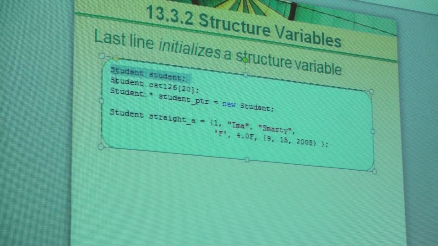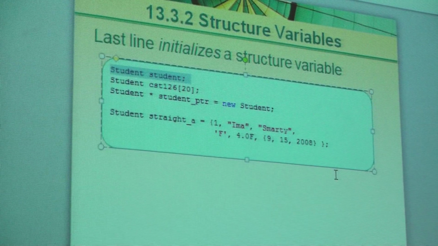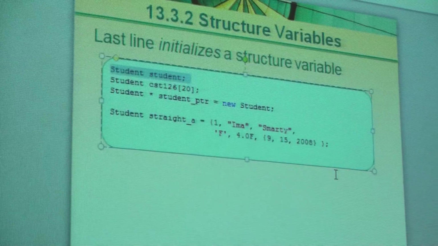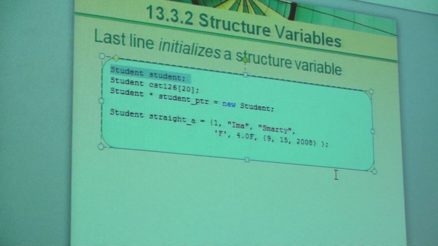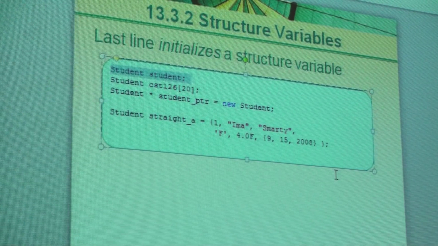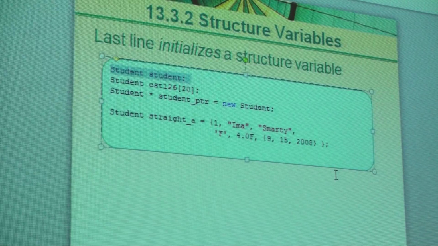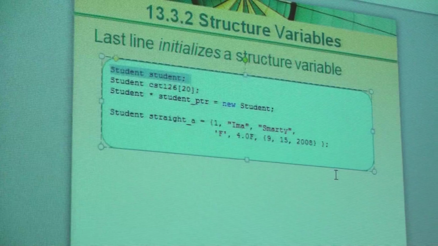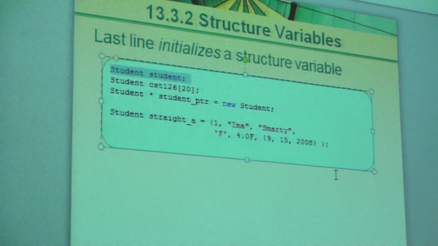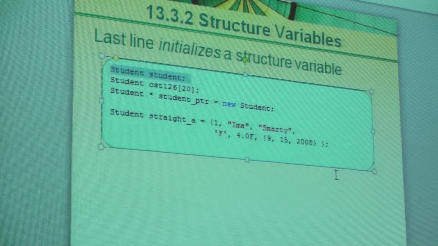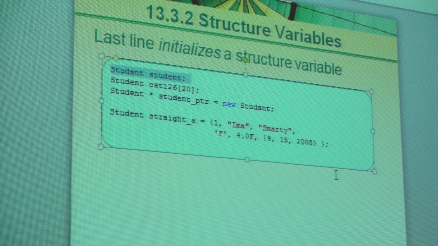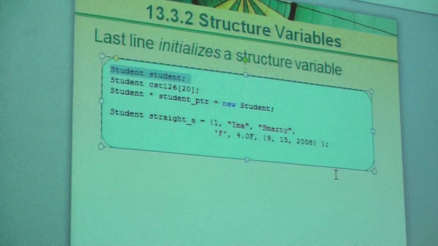So this line right here says, carve out in memory for me space for one student structure. Has the 3 date pieces, has name, first name, last name, and so on. Actually instantiate, carve out the memory, but we're not assigning any values to it, we're not initializing it, but the memory is carved out.